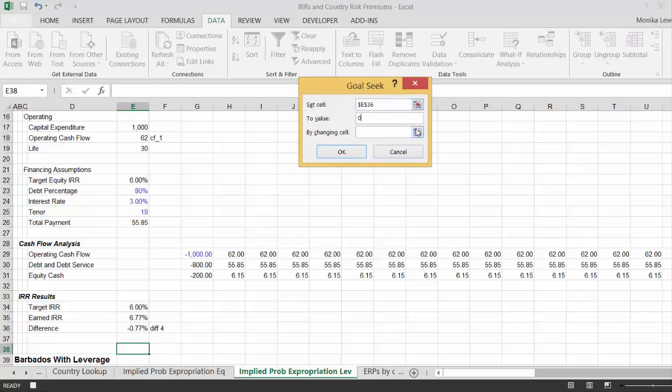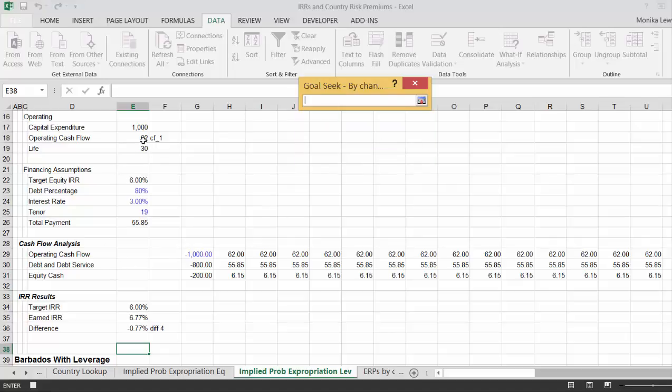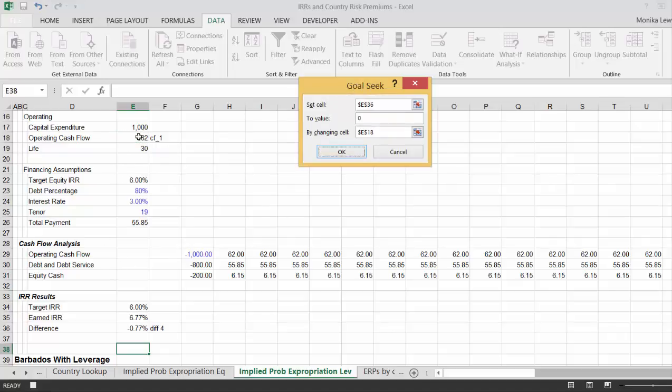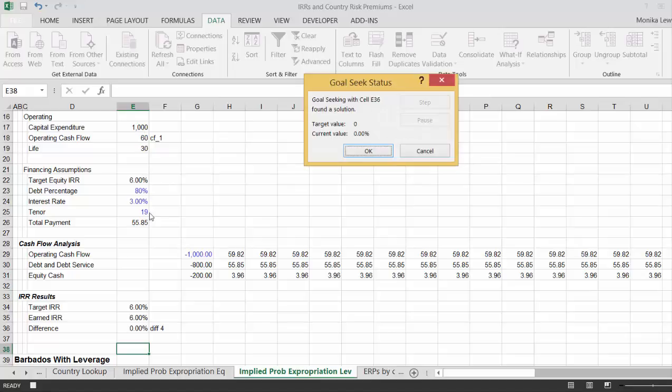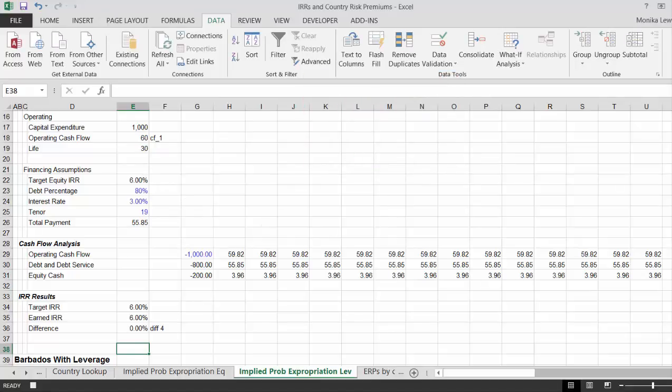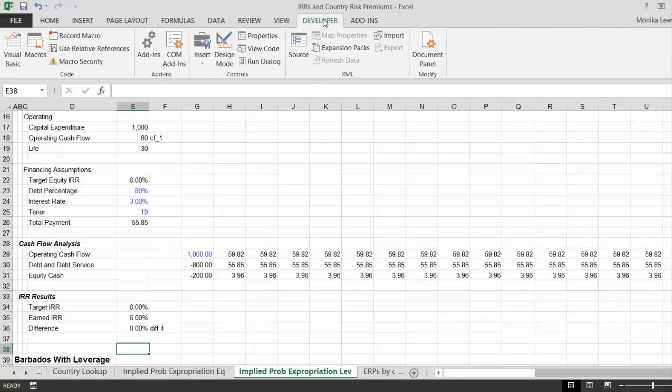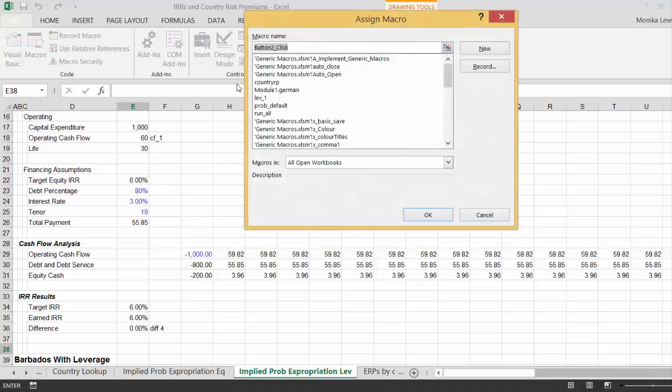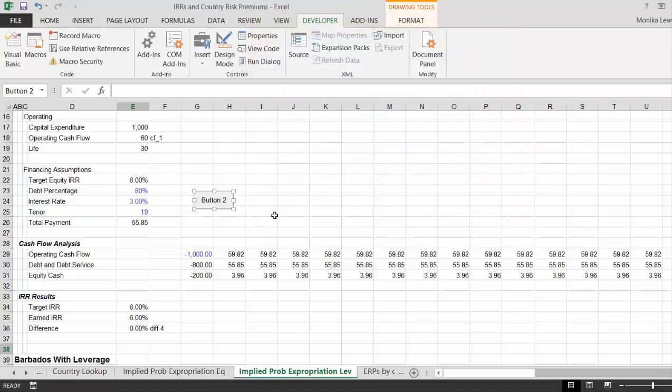I know you're getting sick of this, but in a way, you know, yeah, okay. And let's stop the macro, and let's at least go to a developer tab and get a button for the macro. So we'll eventually attach it to a bunch of things, but for now, I think that's pretty loud.